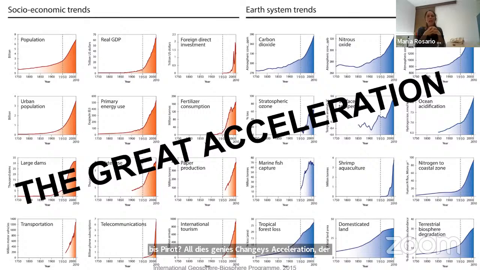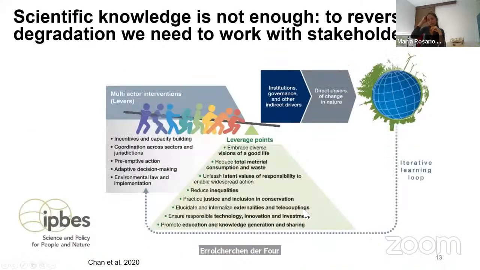Therefore, it's important to take into account that it's not only environmental drivers, but also social and economic drivers that are changing. Therefore, one of the main conclusions of this IPBES report is that scientific knowledge is not enough alone.